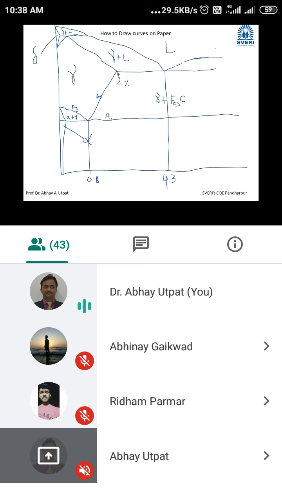And here 100% Fe3C, and here 6.67% of carbon.